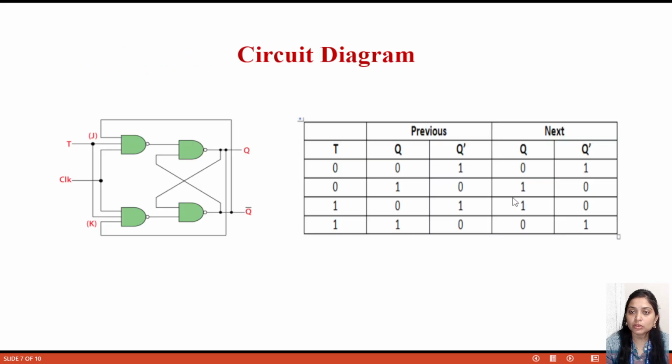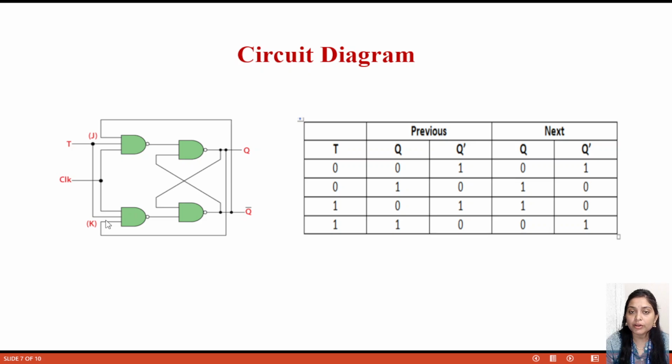Now I'll show you how it will work. Here you can see this is the input T and this is J and K, and here the outputs Q and Q bar, the same as the figure of the JK flip-flop, but here J and K are shorted.